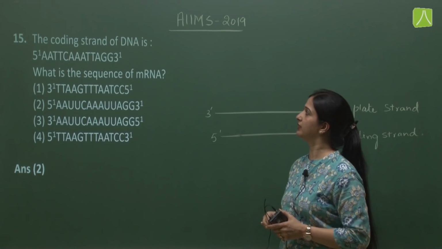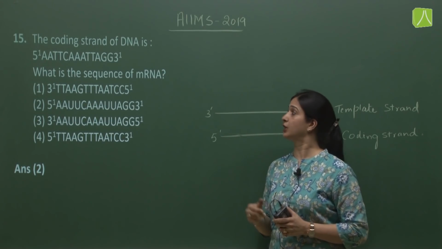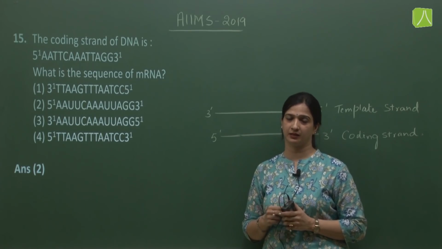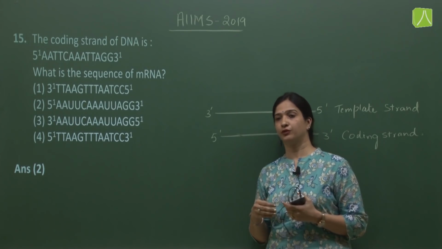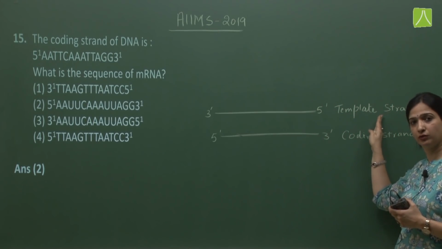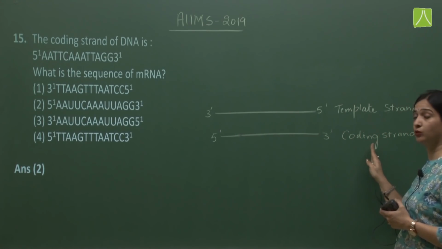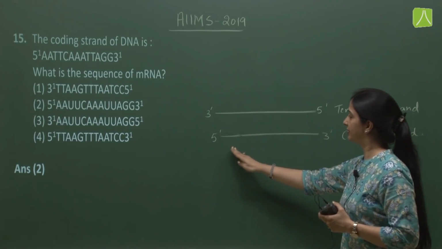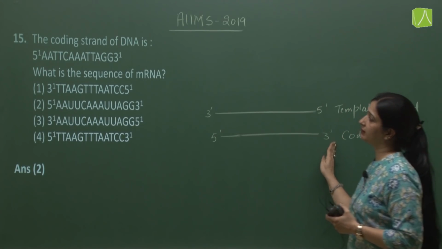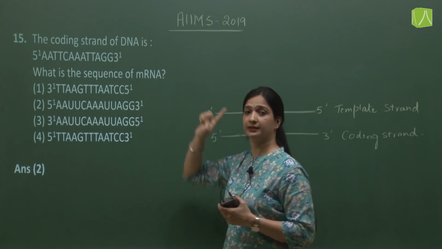Question number 15, the coding strand of DNA is given in 5'-3' direction and the sequence of the messenger RNA has been asked. If we look at the transcriptional unit, basically there are 2 strands. First is the template strand or the non-coding strand which runs in 3'-5' direction, and the second one is the coding strand that runs in 5'-3' direction. So here the sequence of messenger RNA has been asked and the coding strand sequence is given.